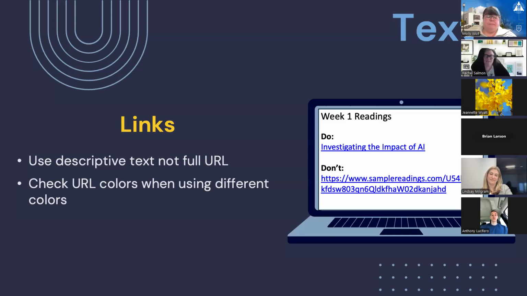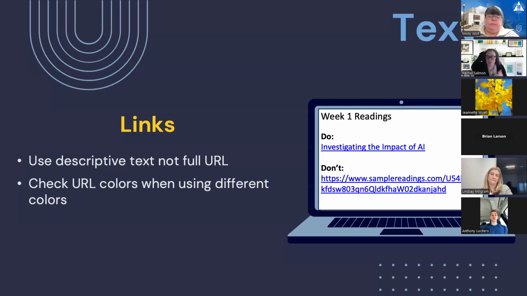So keep that in mind when you're sharing information and links with your students to actually use a title. And if you're in Canvas, if you type out that title and select the text, you can insert a link and it will link the title. So instead of just copying and pasting the URL, attach the link to the text.